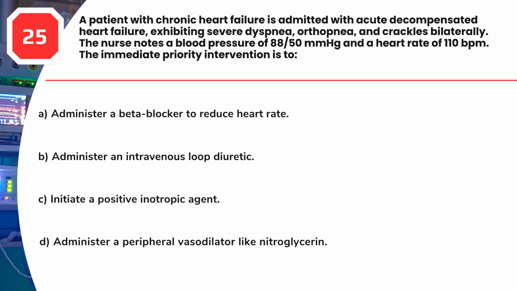Question 25. A patient with chronic heart failure is admitted with acute decompensated heart failure, exhibiting severe dyspnea, orthopnea, and crackles bilaterally. The nurse notes a blood pressure of 88/50 millimeter of mercury and a heart rate of 110 bpm. The immediate priority intervention is to A. Administer a beta blocker to reduce heart rate.